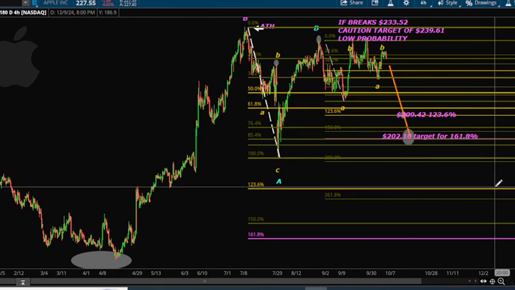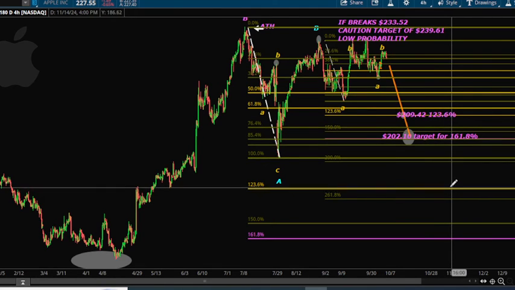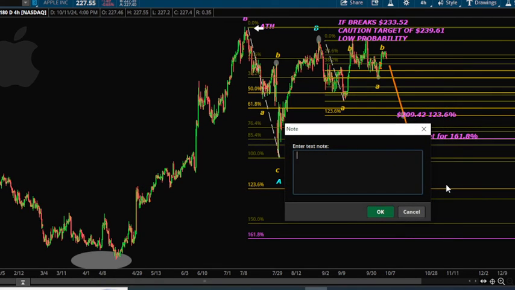Down here at 186.31 is the 123.6% target.